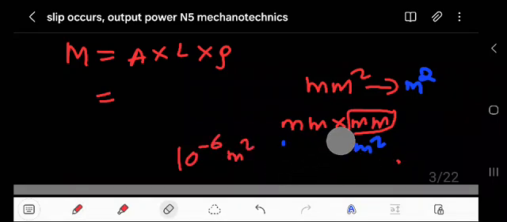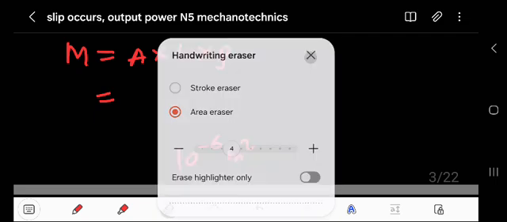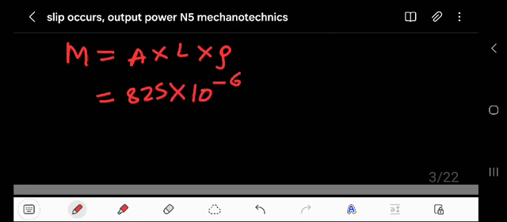This is how we convert to meter squared: you multiply by 10 to the power of negative 6. So our area there, which is 825, remember it's in millimeter squared, we multiply by 10 to the negative 6. The length, I said always becomes 1, it does not change. When you're calculating the mass, consider the length as 1.